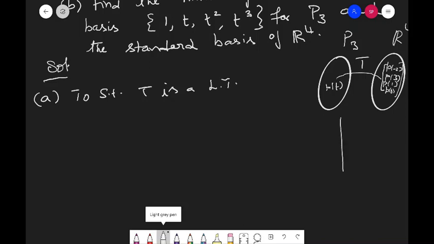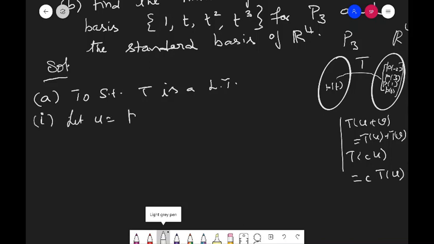So we need to prove T of u plus v is equal to T of u plus T of v, and T of cu is equal to c times T of u. These two we have to prove. For the first condition, let u is equal to P of t and v is equal to Q of t belong to P3.